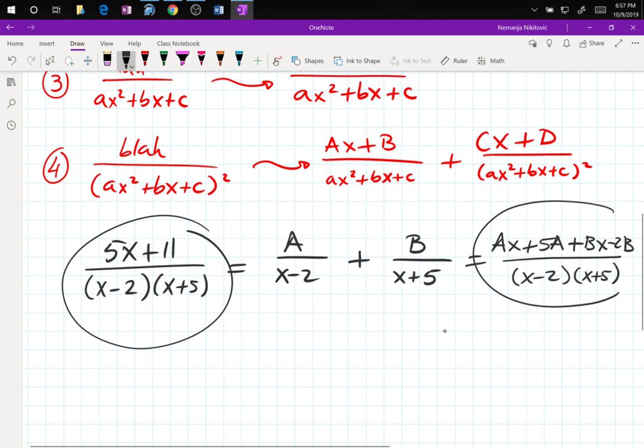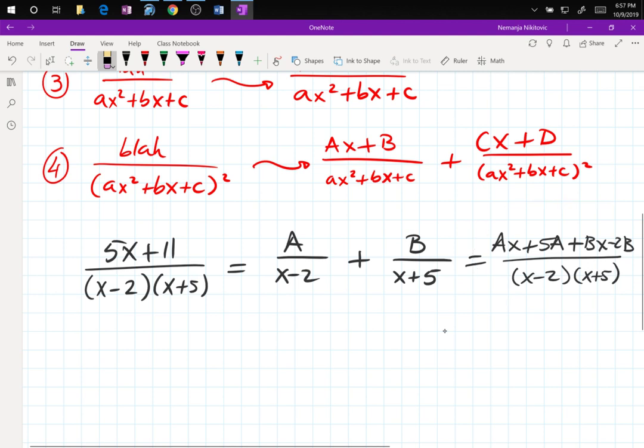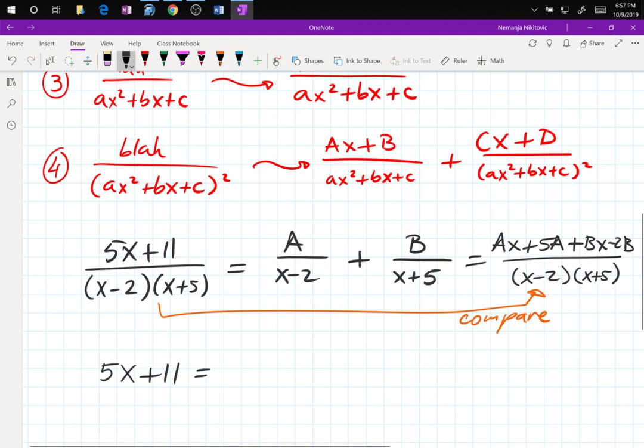What's interesting is, let me do this. Compare. There we go. So if we compare these, denominators are not interesting. We get 5x plus 11 is equal to Ax plus 5A plus Bx minus 2B.